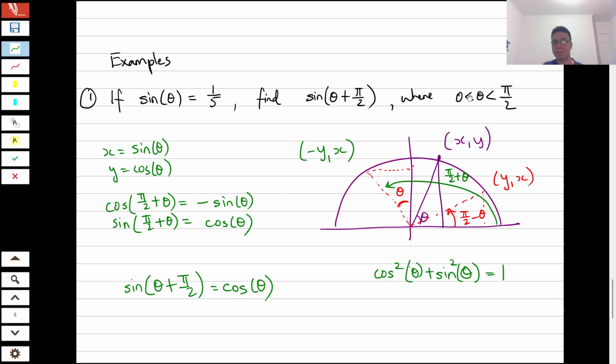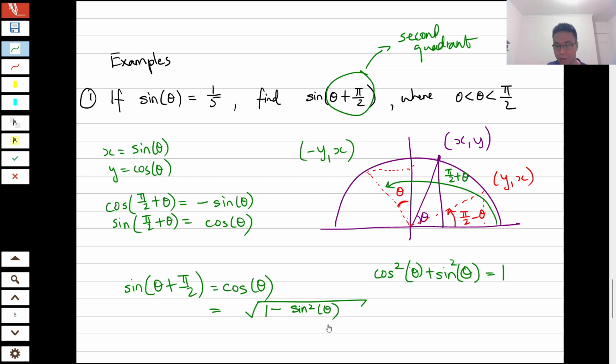And since theta is in the first quadrant, I automatically know that a first quadrant angle plus pi on 2 will generate an angle which is in the second quadrant. So I can actually take the positive square root of 1 minus sine squared theta.